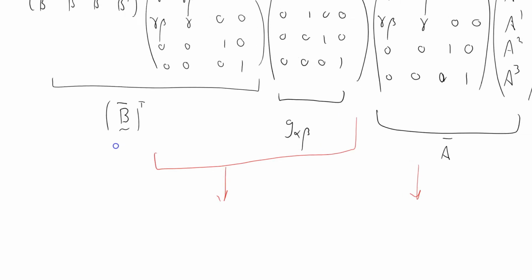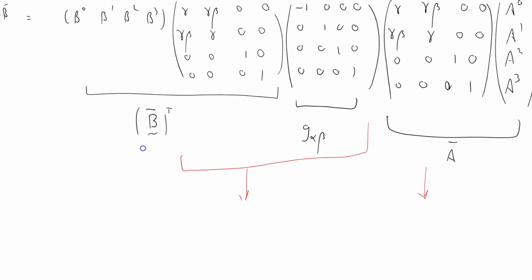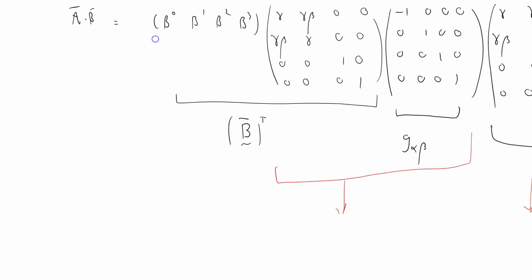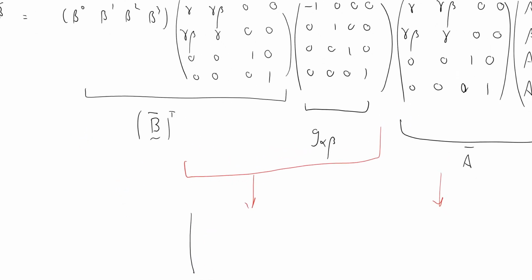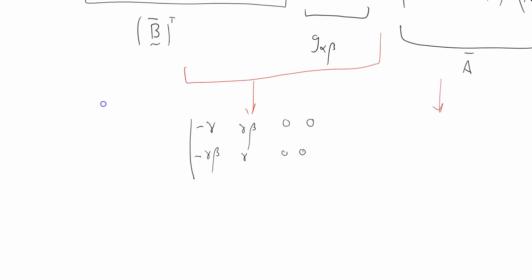Okay, so what have we got here? It keeps on doing that tonight. It drives me nuts. Okay, so let's just work out what that is there. That's going to be minus gamma, top left. I'm going to do the top row first. That's going to be gamma beta, 0, 0. Second row is going to be minus gamma beta, gamma, 0, 0.